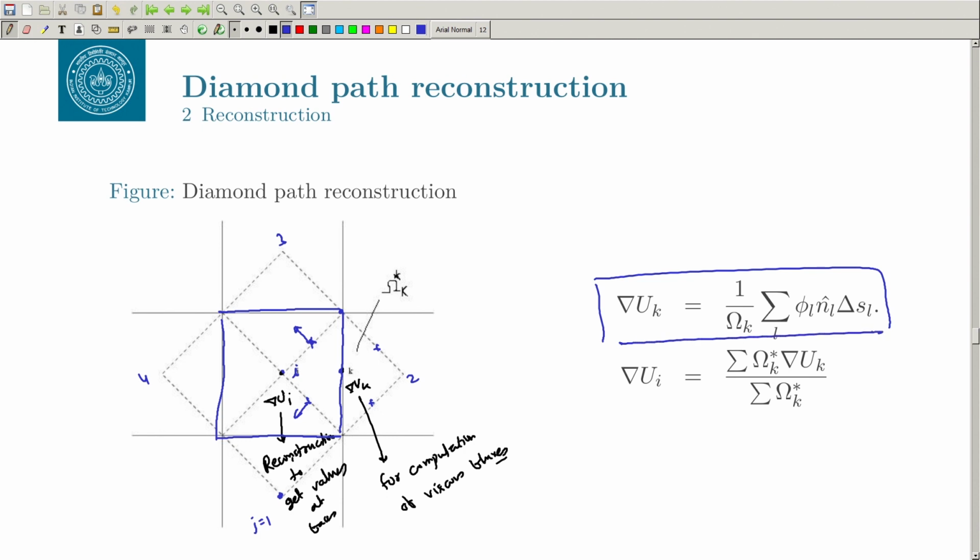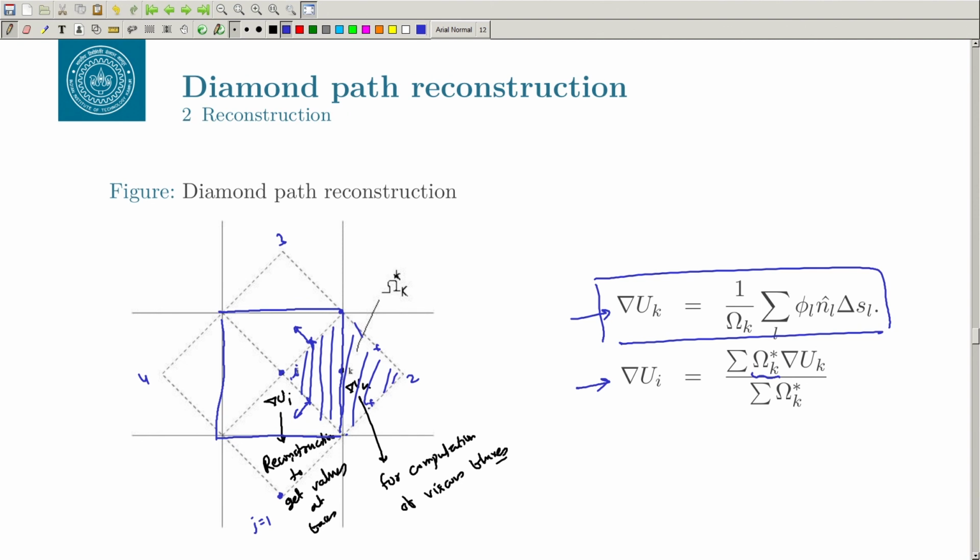Once you get the value of delta u k, you can take the average of these gradients at each of these co-volume faces to get the gradient at the center of the cell, right. So, once you get this grad u, you can calculate grad u I by considering the gradient at u k multiplied with the volume of this sigma k star, where the star indicates the co-volume.